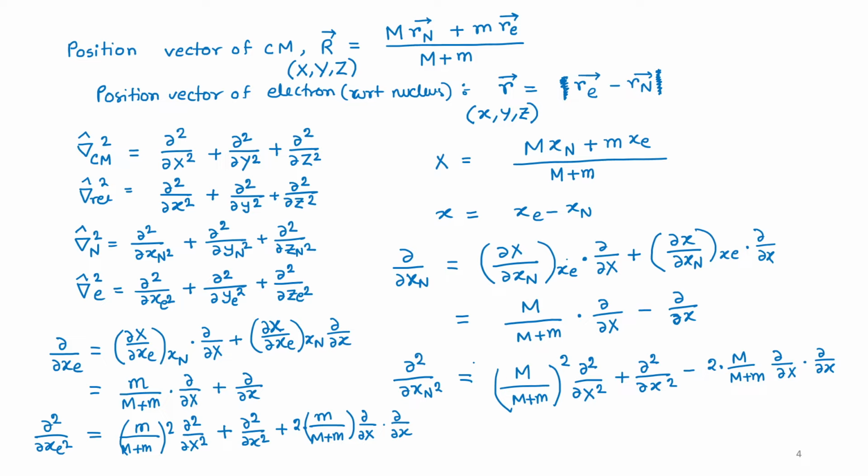See, earlier I had the Hamiltonian as minus h cut square by 2m, where m is the mass of the nucleus, del n square, minus h cut square by 2m, del e square for the electron, minus 1 by 4 pi epsilon 0 Z square by r, correct?